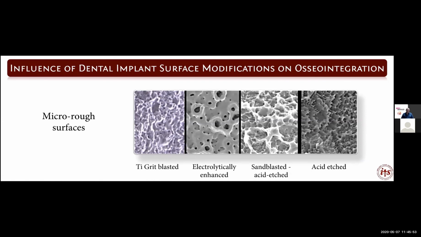The second generation of surface modifications done with implants are titanium grit blasted, electrolytically enhanced surfaces, sandblast surface, or an acid etch surface. These are all designed to produce a micro rough surface on the implant.